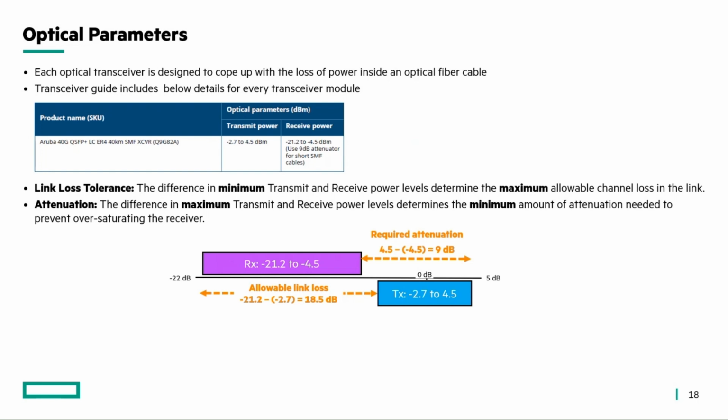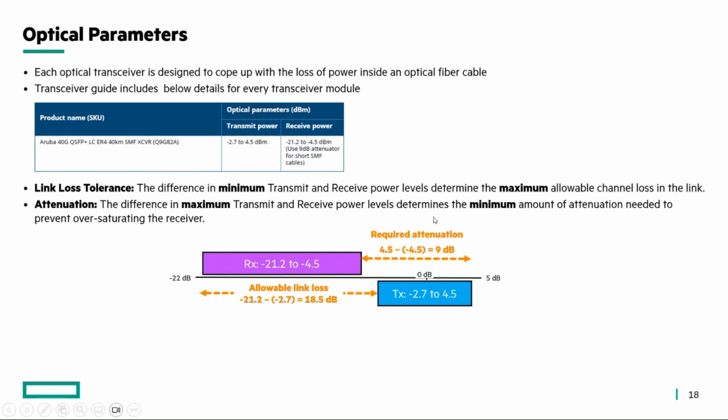That's why you calculate attenuation as the difference between the maximum transmit power and the maximum receive power. You're transferring your data with maximum transmit power, and even when you transmit it with the maximum transmit power, it should reach the receiver's end under the maximum receive sensitivity. That is the actual attenuation that will work for your link.